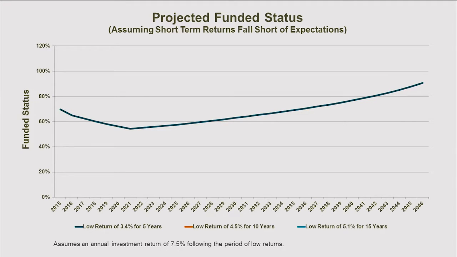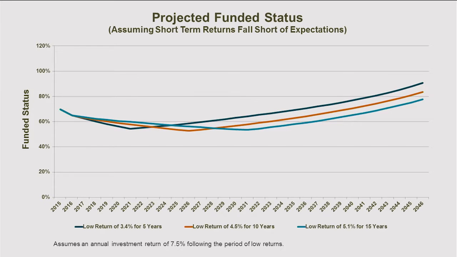We just want to show you also, same idea, if we were to have long periods of low investment return, keeping in mind that 25th percentile we talked about, that's the same line we showed you before. If we earn 3.4% for the next 5 years, that's if we were to earn 4.5% for the next 10 years, which is also a 25th percentile. And the next bar, the blue one that just appeared, is if we were to earn 5.1% for 15 years.